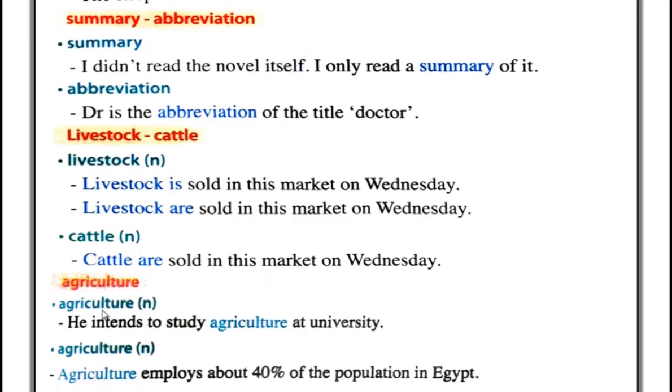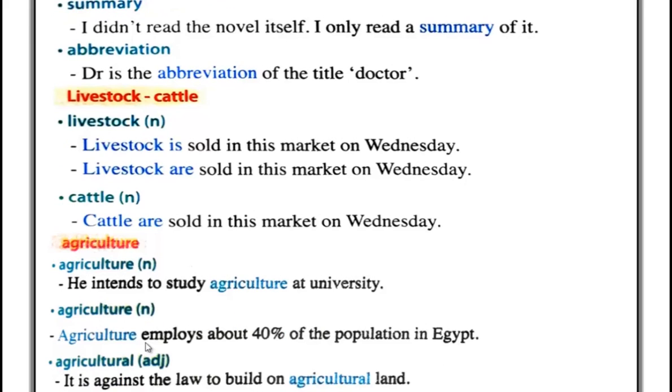Agriculture, we studied the meaning before. It is a science. He intends to study agriculture at the university, the science of farming lands. Agriculture, as a noun: agriculture employs about 40% of the population in Egypt. This is the Ministry of Agriculture.